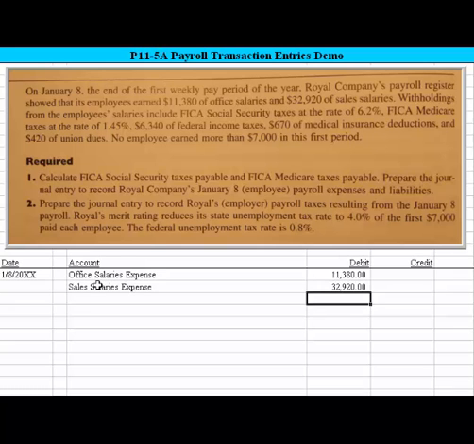Okay, that's the total amount of the expenses we incurred. Now, we then have to calculate how many taxes we owe to the taxing authorities. So let's first tackle the FICA tax on the Social Security taxes. Let me indent that because that's an obligation that we owe to the taxing authority, so we will record it as a credit.